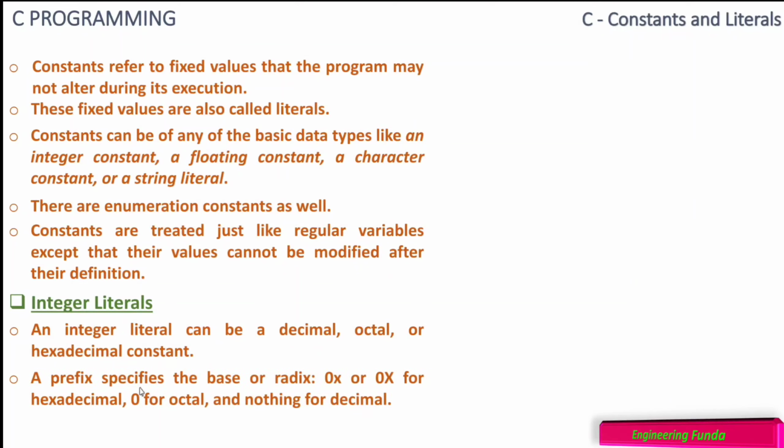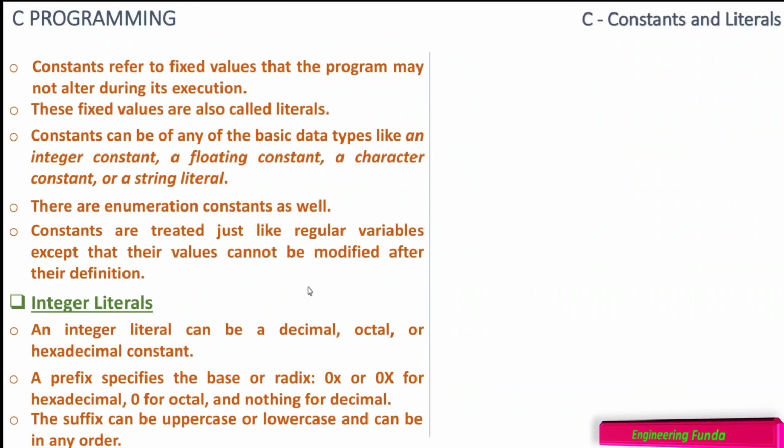The prefix specifies the base or the radix. If we write 0x or 0X, then it is for the hexadecimal. If we start a number with 0, then it is for the octal representation. And if you don't write anything, you just write the number, it becomes a decimal representation.